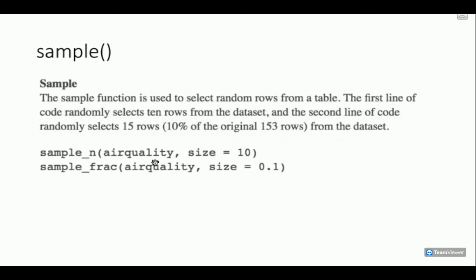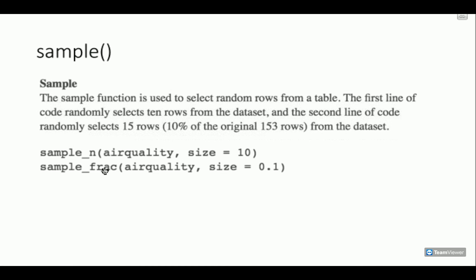As opposed to that, if you want to pick a fraction of your data set, usually we do fractions because if you want to train a model on say 10% of your data or 20% of your data, or if you want to divide your data set into half and half, then you say pick 50% at random and leave the rest.